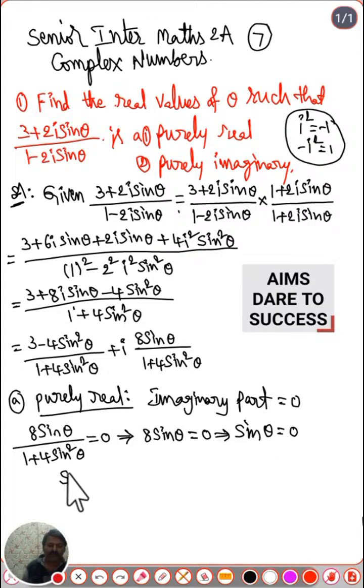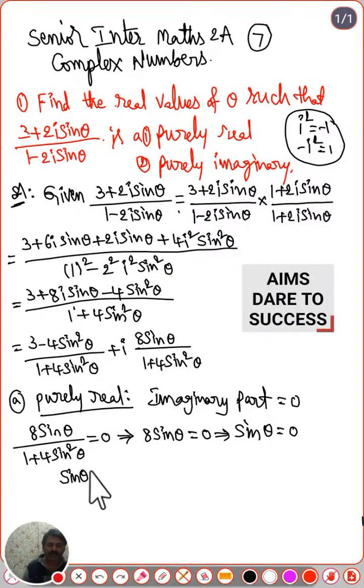Here we can use the trigonometric equations concept to find the real value of theta. So sin theta = 0. We can write 0 in terms of sin n pi, since sin n pi is 0, or otherwise sin 0 is 0.